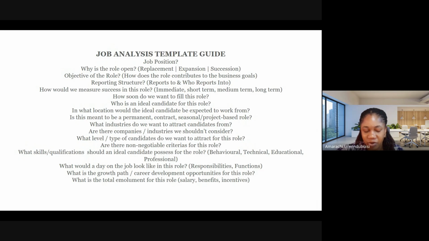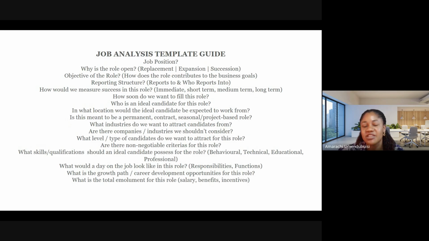Do you want someone with experience selling so-and-so products, or would this person be selling all the organization's products? So you want to know, so that way you have a very clear position or title that befits the role you're about to work on.